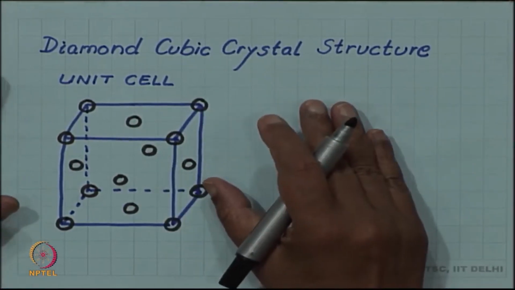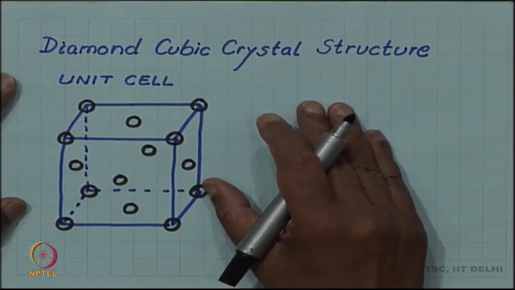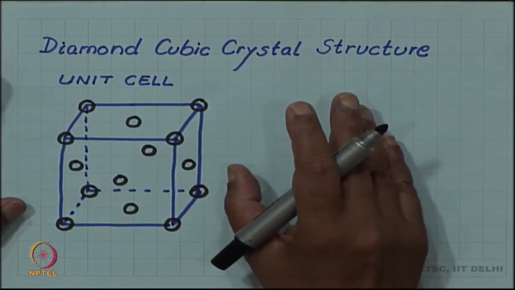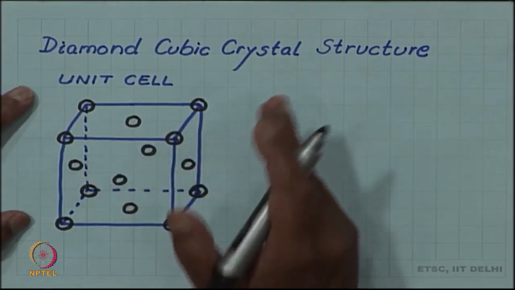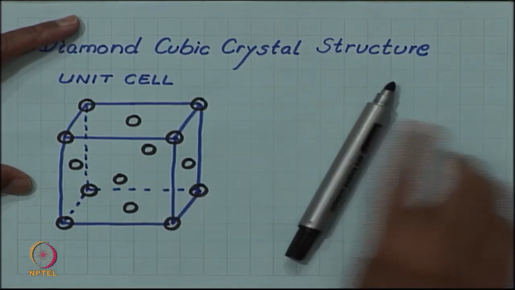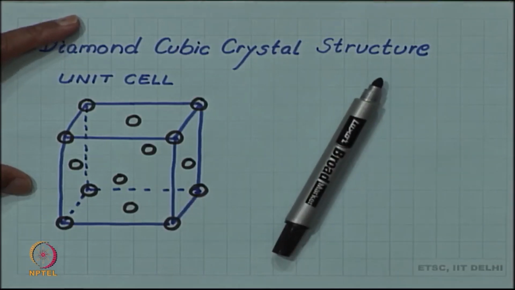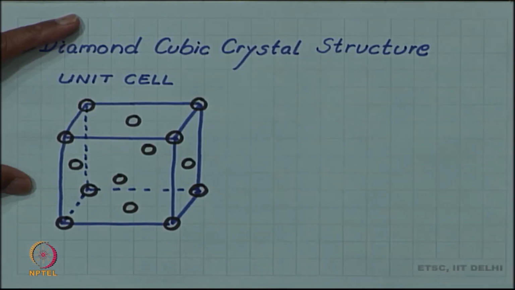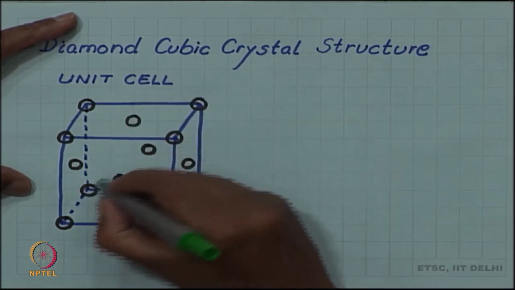At the moment it will be a face centered cubic crystal, but diamond cubic crystal is not a face centered cubic crystal. It has additional atoms and we place those additional atoms at the body diagonals. So, let us identify the body diagonals.